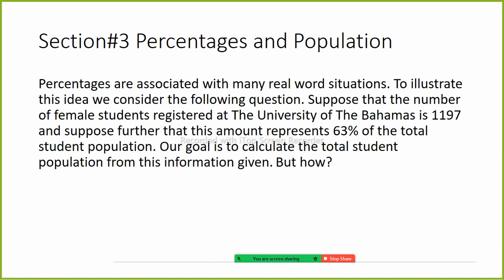Any ideas? Search on Google? No, we want to actually do it using math. So how can we figure out what is the total student population? Any ideas? It's 63% over 100 times 1,197 over 1.